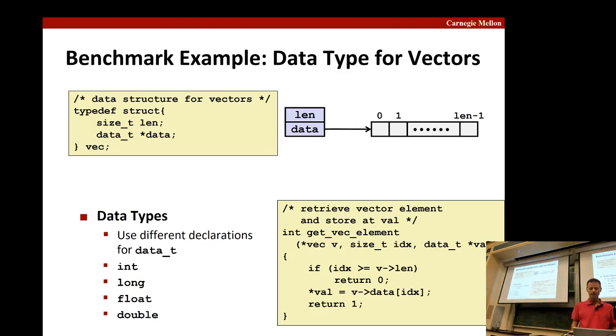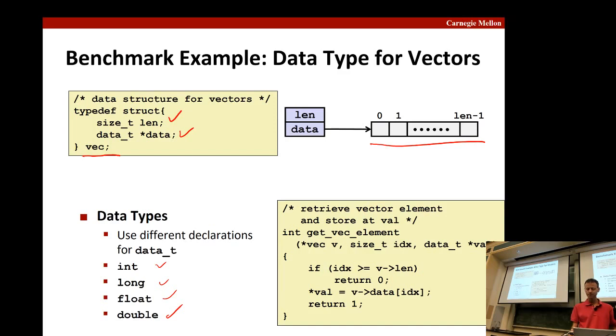Let's suppose we have a generic data structure for vectors that consists of a length and the data itself. You want to use it to hold integer vectors, longs, floats and doubles.